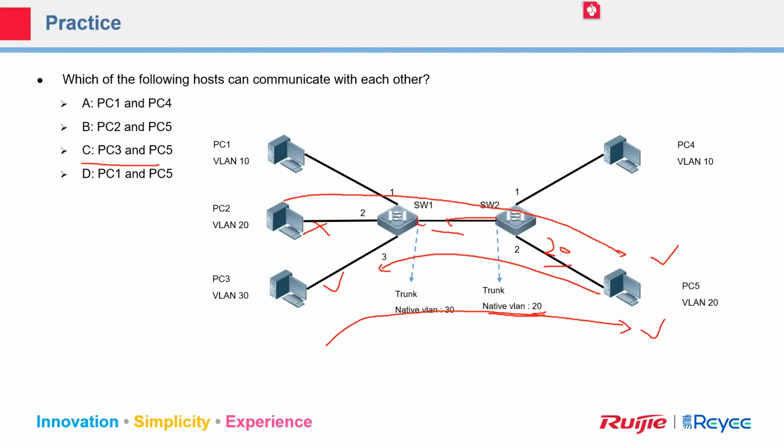When the trunk interface receives the packets without the VLAN information, I will add the native VLAN. The native VLAN is 30. So now I have to forward the packets with VLAN 30. Only that interface can be sent out. So that's why we say option C is correct, because when PC2 sends to PC5, it cannot get a reply from PC5. So it's easy for you to understand.